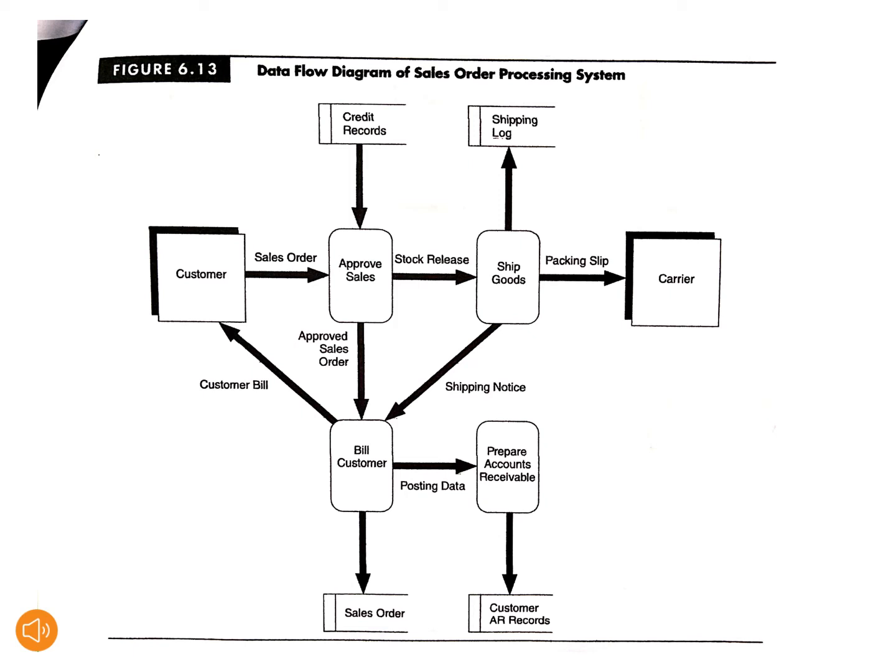Tapos si customer bill naman ay gagawa na ng receipt para mapadala kay customer. Then si customer bill, pupunta na dun sa prepare accounts receivable, mapo-post na yung data. Tapos sa baba naman pupunta rin si customer bill sa sales order. Ayun lang yung pagkakaintindi ko dito sa illustration.